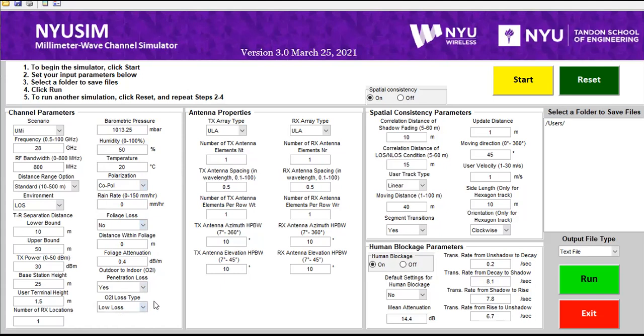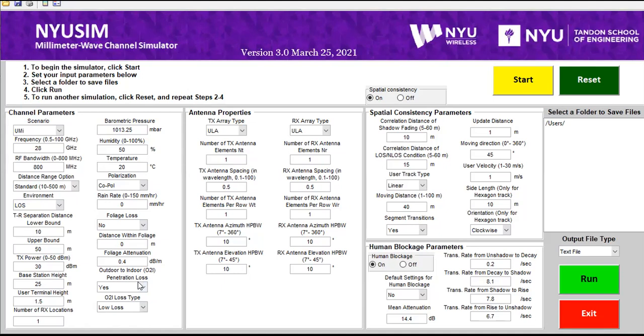These things indicate whether or not you are inside a building. If you are inside a building, then set it to yes. You have O2I, outdoor to indoor penetration loss, which simulates the actual, which is also called BPL, building penetration loss.